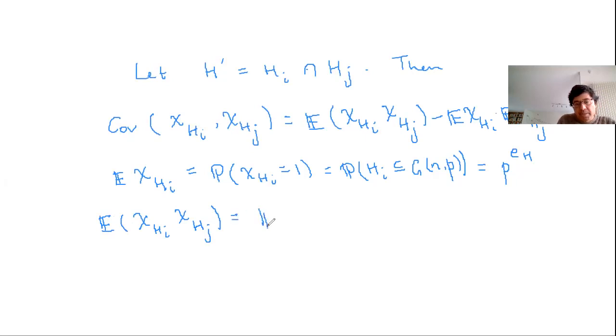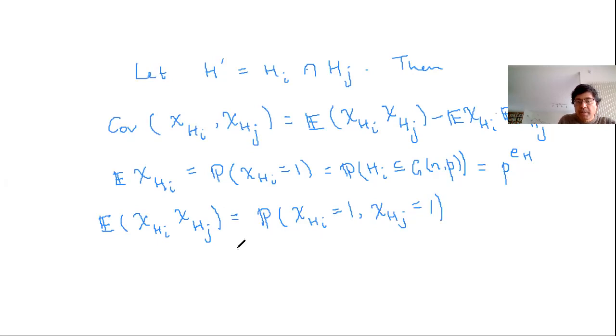That can only happen if each of the indicators takes the value 1. So we want to calculate the probability that both the copies Hi and Hj are present in the random graph G n,p.